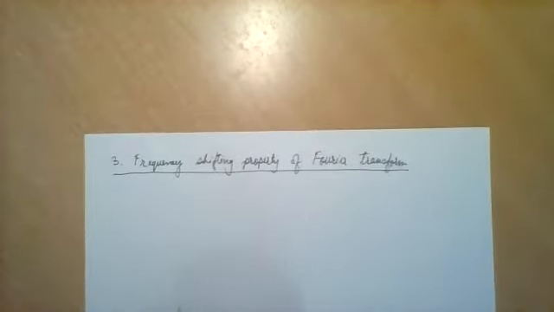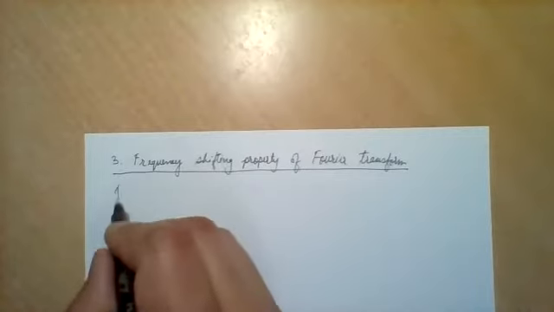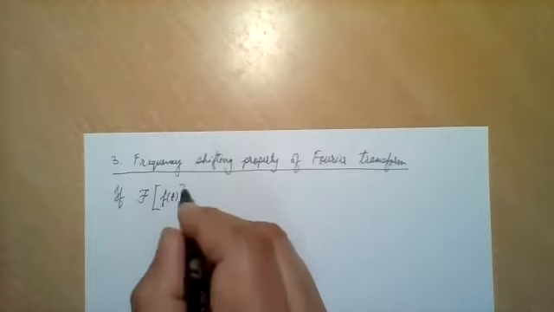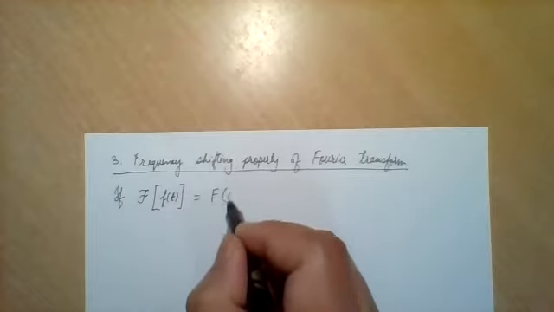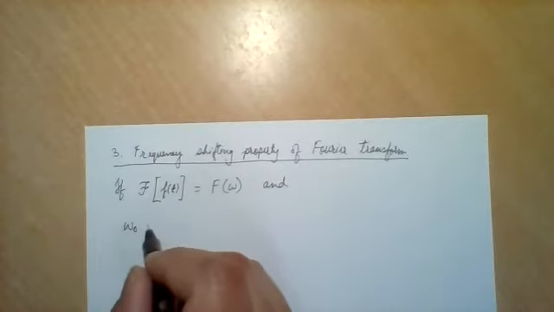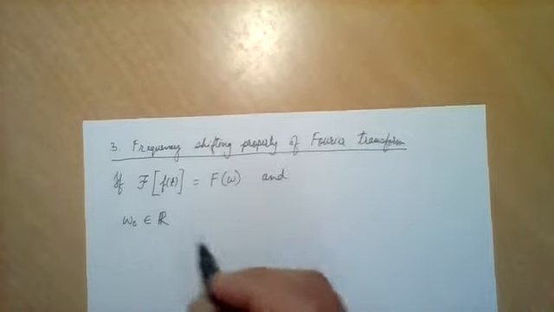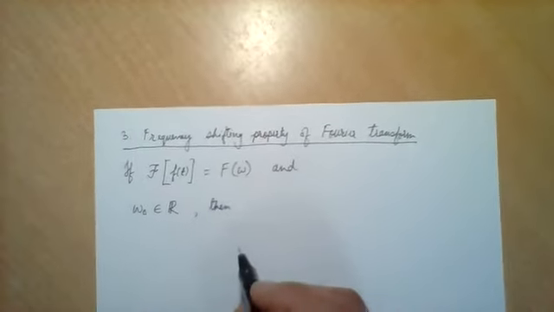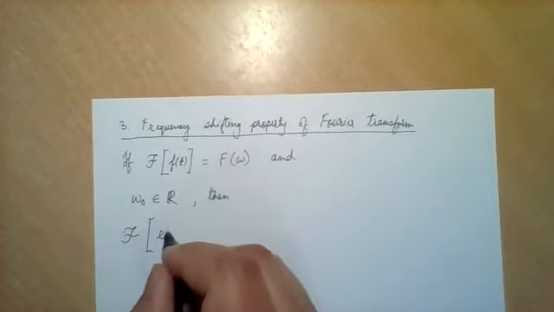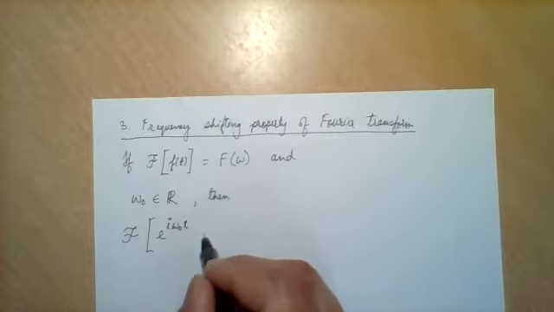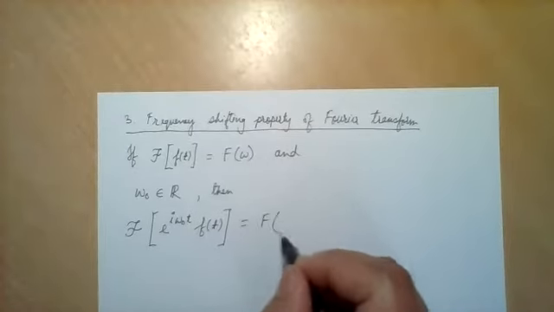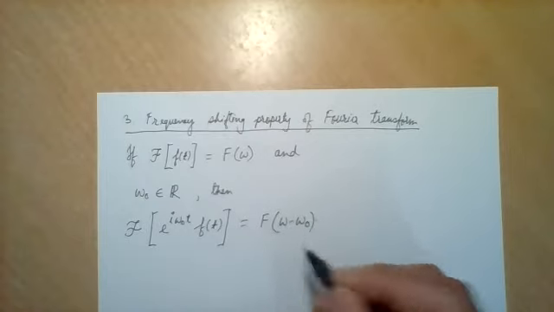Okay. And what is the statement? The statement is that if the Fourier transform of small f of t is given by capital F of omega, and I have a real number omega naught, omega naught belongs to the set of real numbers, then the Fourier transform of e to the power i omega naught t f of t is given by capital F of omega minus omega naught.